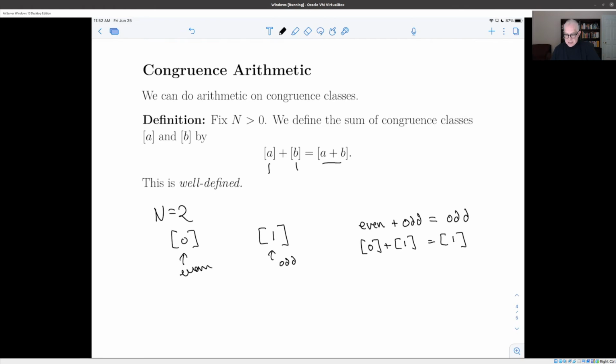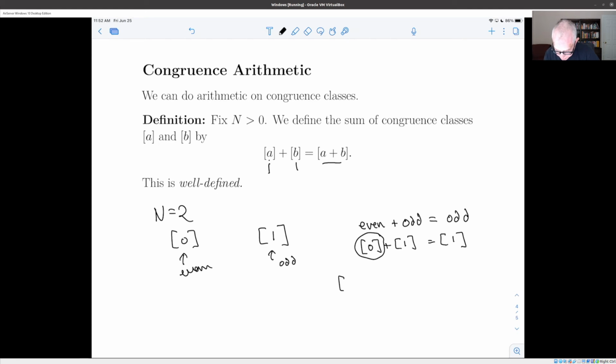This means that if you take any number from the collection 0, which means any even number, and you take any number from the collection 1, that means any odd number, and add them, you always get an odd number. And that's what it means to say that this is well defined. It means that it doesn't matter. I don't have to pick 0. I mean, this is a set, and it contains all the even numbers.